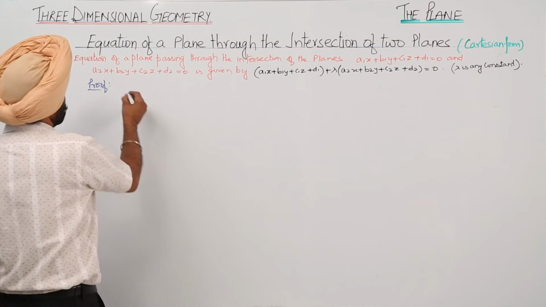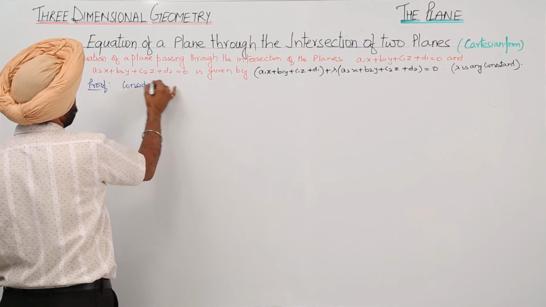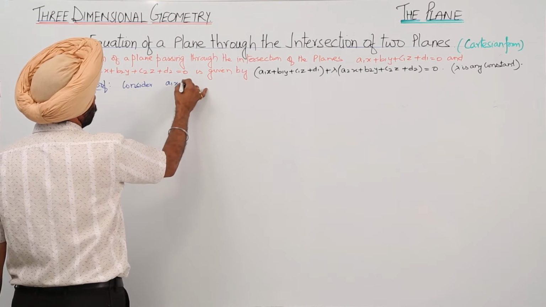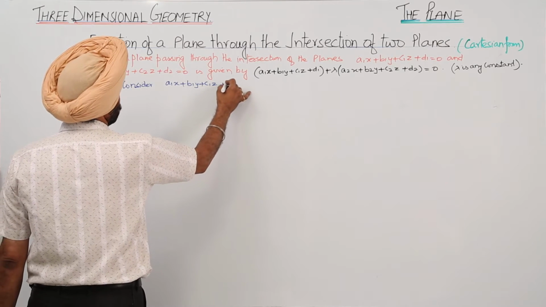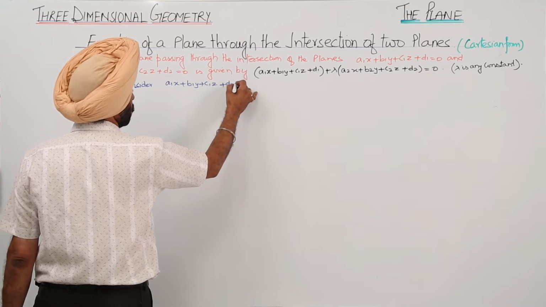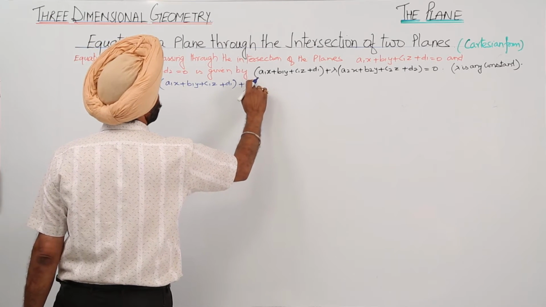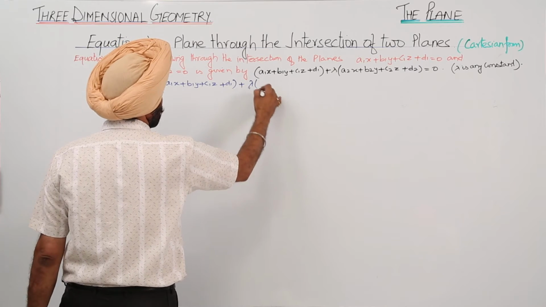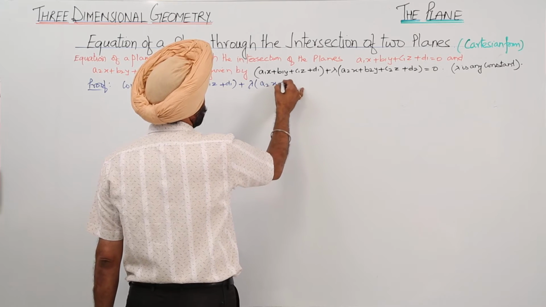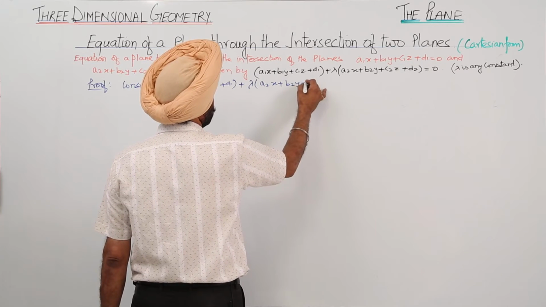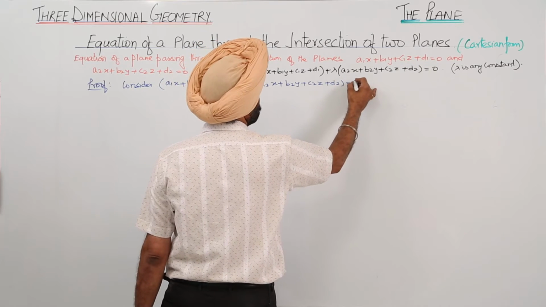Okay, so now consider a1x plus b1y plus c1z plus d1 plus lambda times a2x plus b2y plus c2z plus d2 is equal to 0.